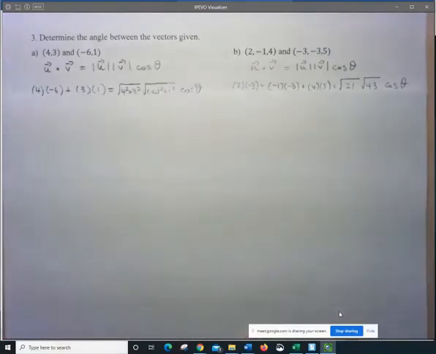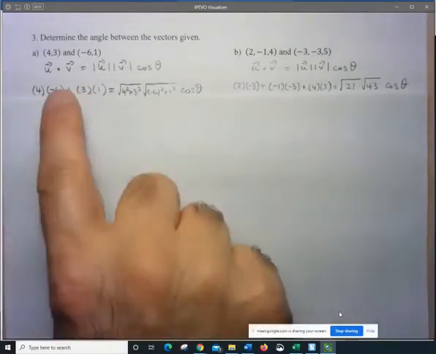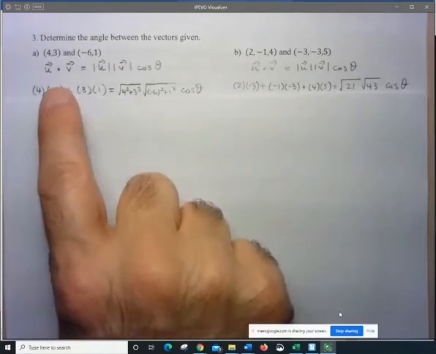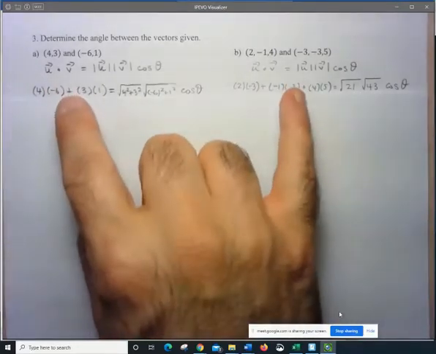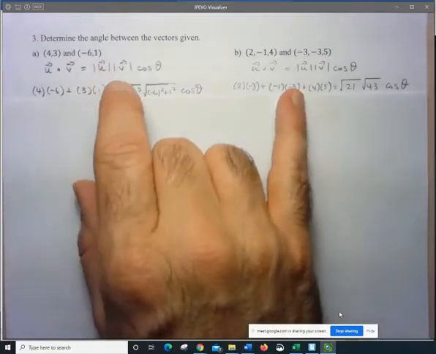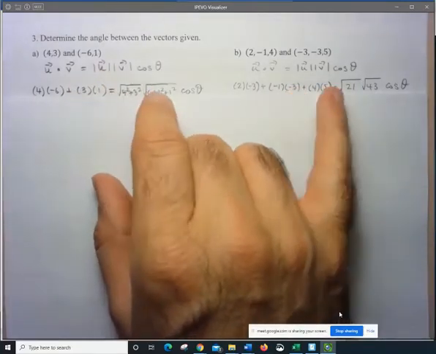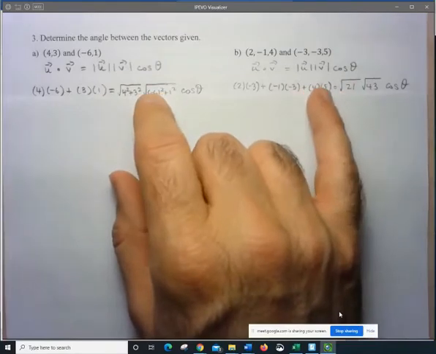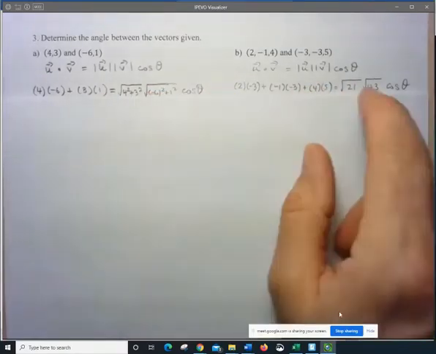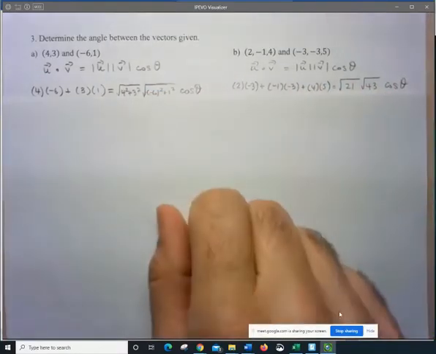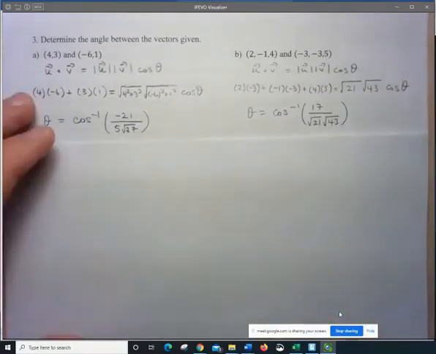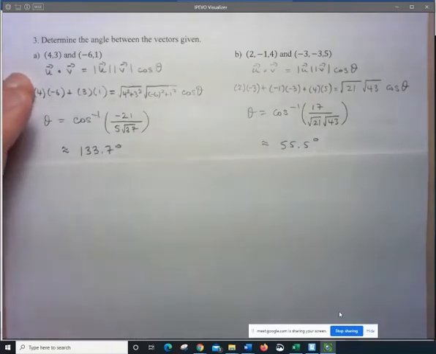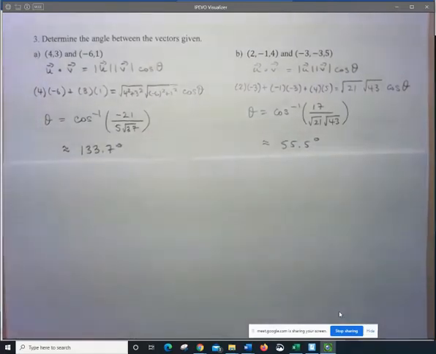Okay, so you'll see on the left-hand side, what I apply is the dot product definition for algebraic vectors, here in 2D, here in 3D. And then it's just a matter of finding the magnitudes of those vectors. And lo and behold, the only thing that's left over is the angle. And so from there, I just do a little bit of algebra, and I'm able to determine approximations for the angles between the vectors.